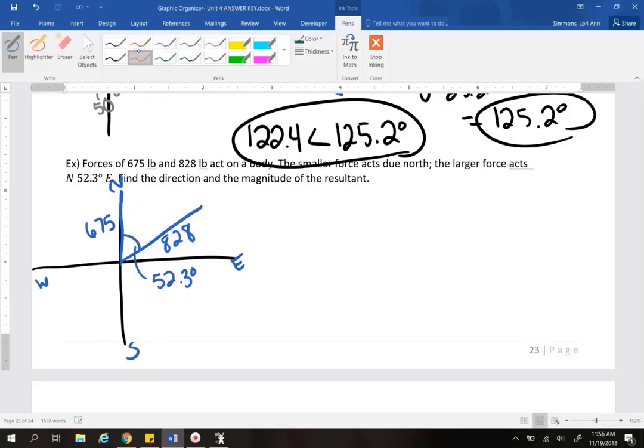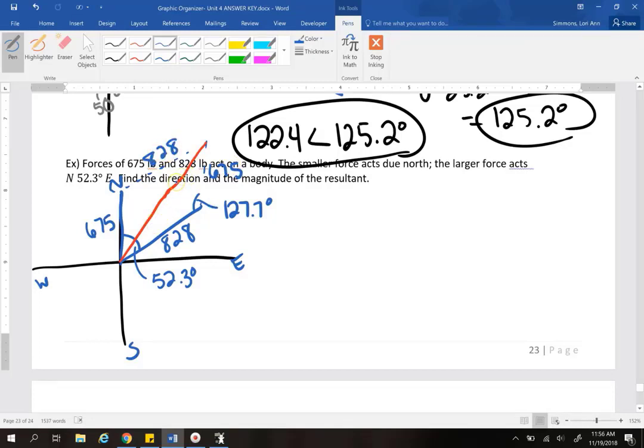The resultant is in the middle, and then we can extend our parallelogram. So if this is 52.3, this angle is just 180 minus the 52.3, so 127.7 degrees. This is 675 over here, this is 828.